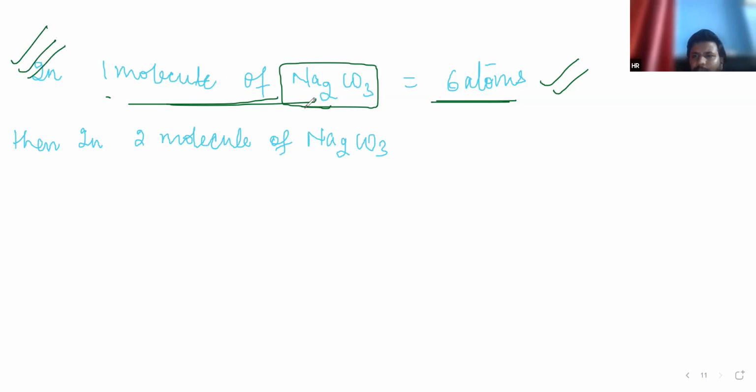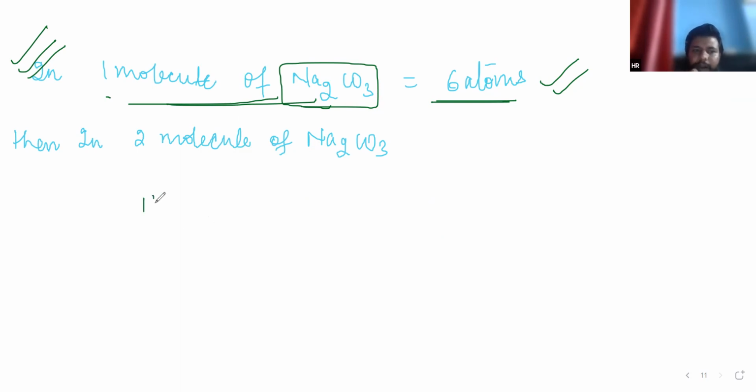If there is more than one in a molecule, it is represented in subscript, like O2 or NaH2. See the difference between atoms and molecules.